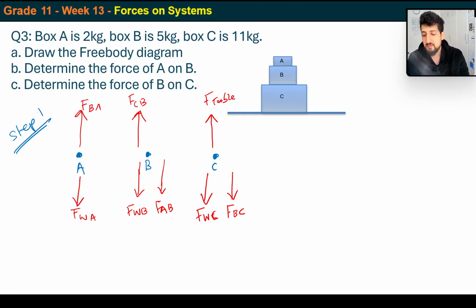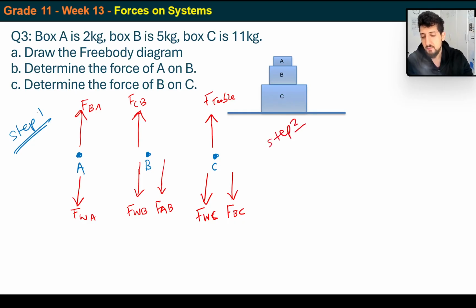Now, A didn't have a push force coming down from anywhere because there's nothing on top of it, whereas B has its weight force, its reaction force from C, as well as a push down force from A. And C is the same. C's got the normal force acting up from the table, and it's got its own weight force because it has a mass, and then it's got the force of B acting down on it. Okay, so now that we've got that part, the hard part is definitely done.